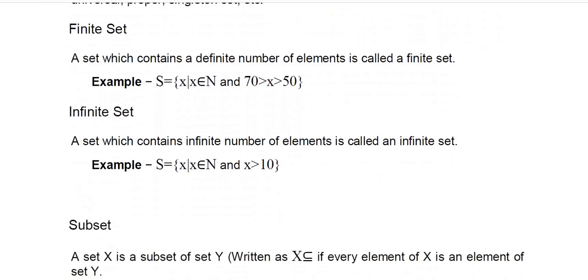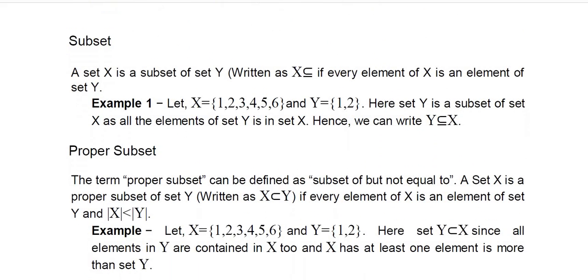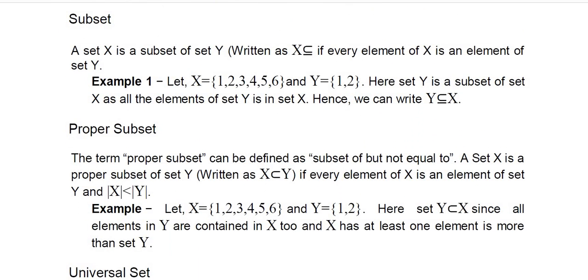Clear? Next, subset. A set X is a subset of Y and written as X subset of Y. Here Y should come. X subset of Y if every element of X is an element of Y. For example, let X is a set 1, 2, 3, 4, 5, 6 and Y is equal to 1, 2.